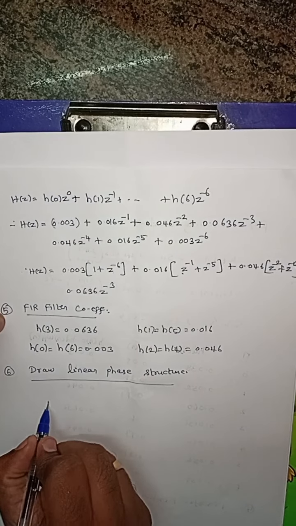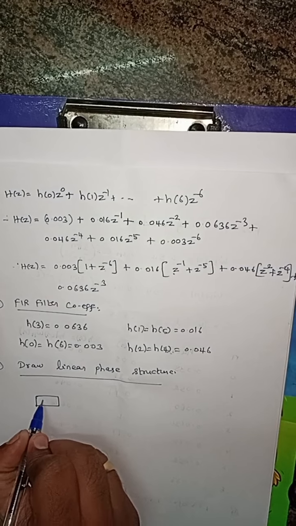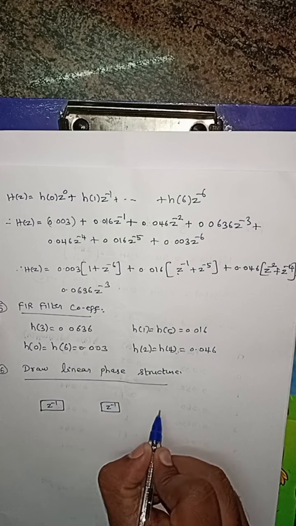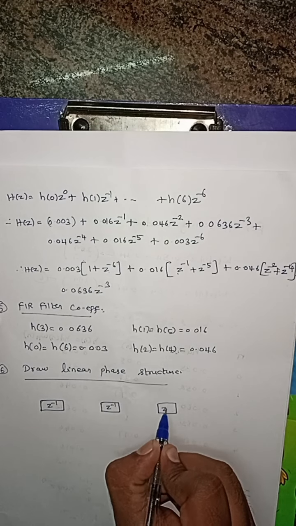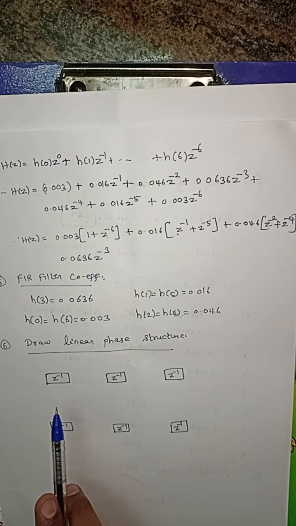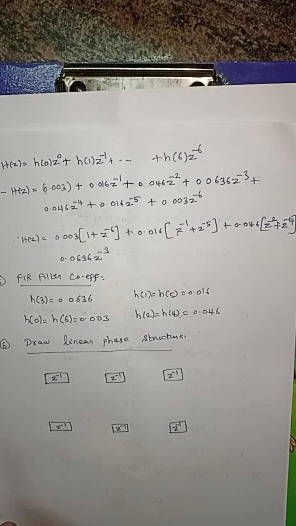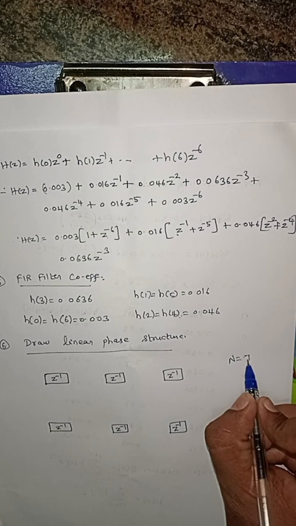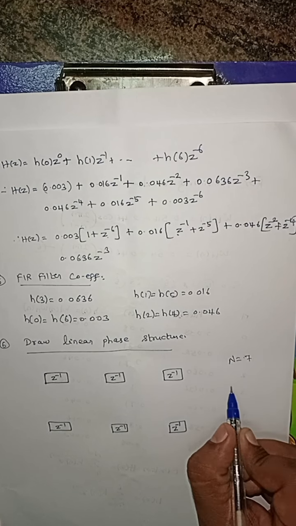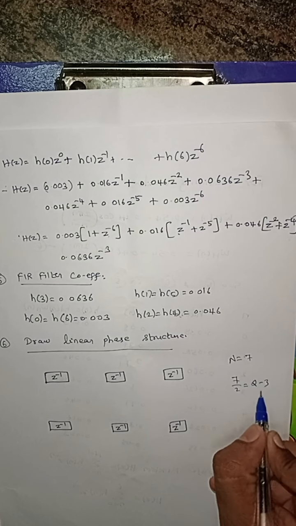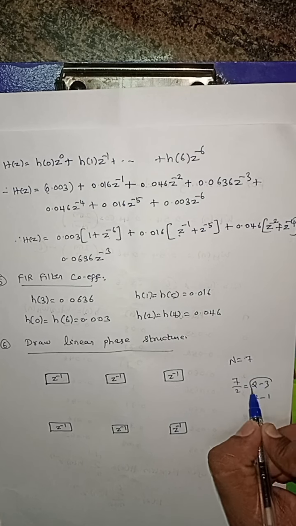So we have to draw 3 z inverse in the first line and another 3 z inverse in the second line. I will tell one shortcut. If n equal to 7, divide this 7 by 2. So 7 by 2, the quotient is 3 and the remainder is 1. So let us take this quotient.